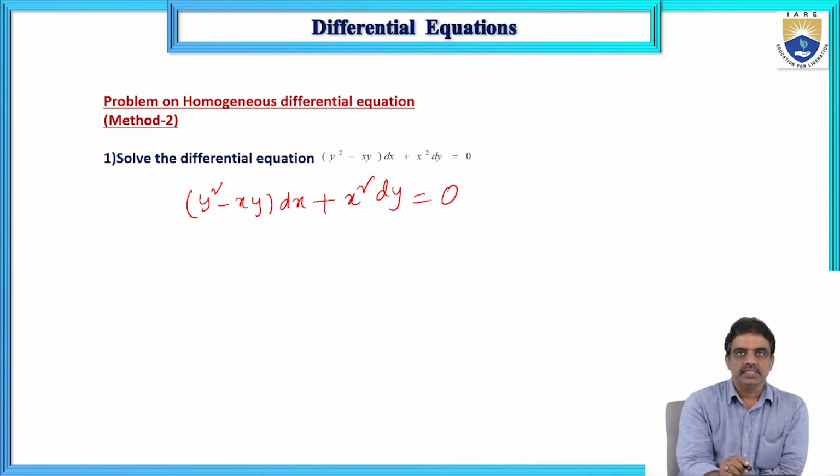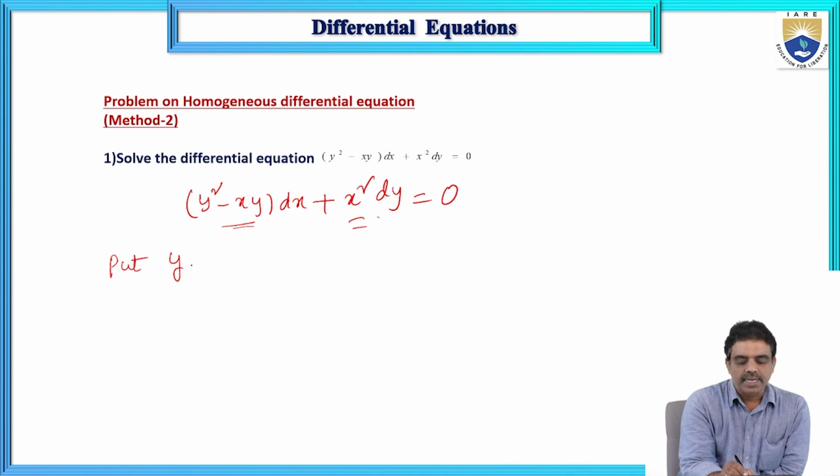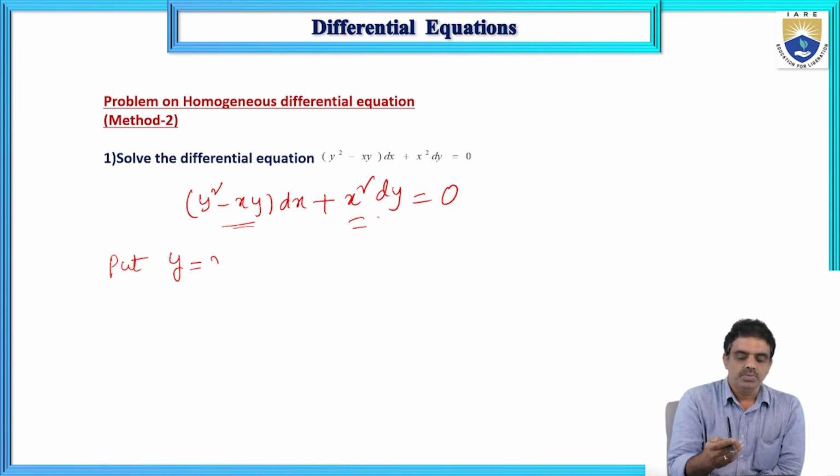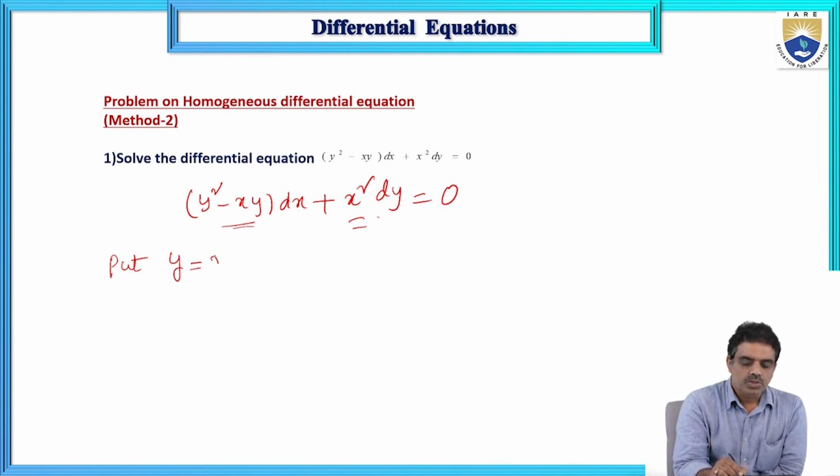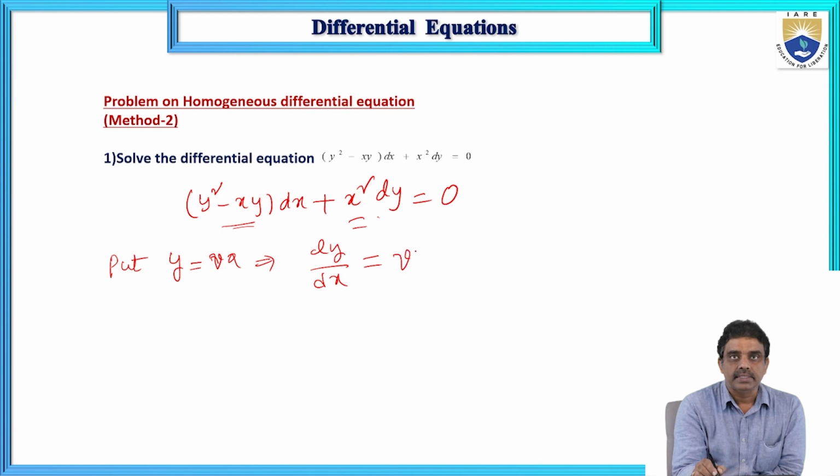It is a homogeneous differential equation of degree 2, and degree 2 means each term is degree 2. Now to solve this, we take y is equal to vx, so that on differentiating with respect to x, we get dy by dx is equal to v plus x into dv by dx.